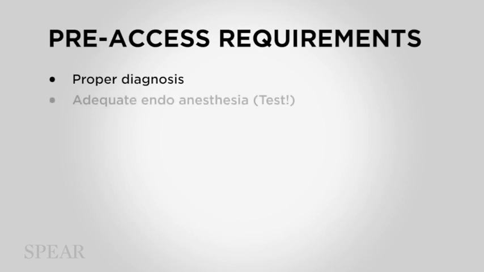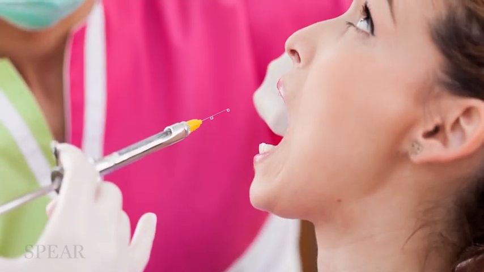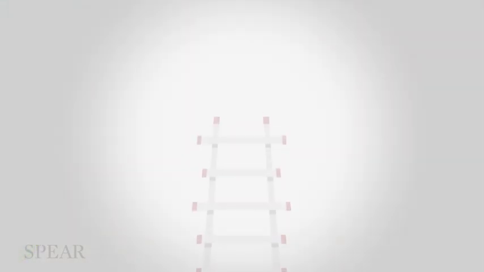Now, the other one is proper anesthesia. And what I mean by that is proper pulpal anesthesia. Oftentimes people confuse anesthesia as just this one broad term. The way I explain it is anesthesia is like a ladder with different rungs.